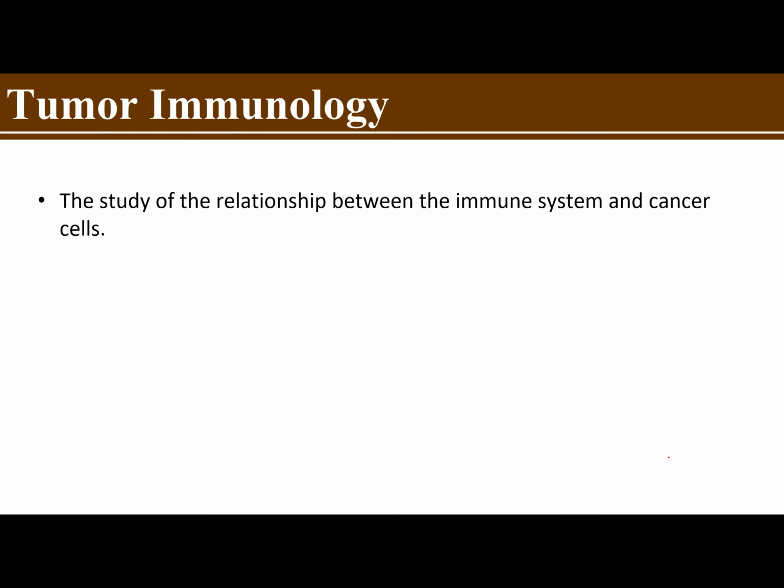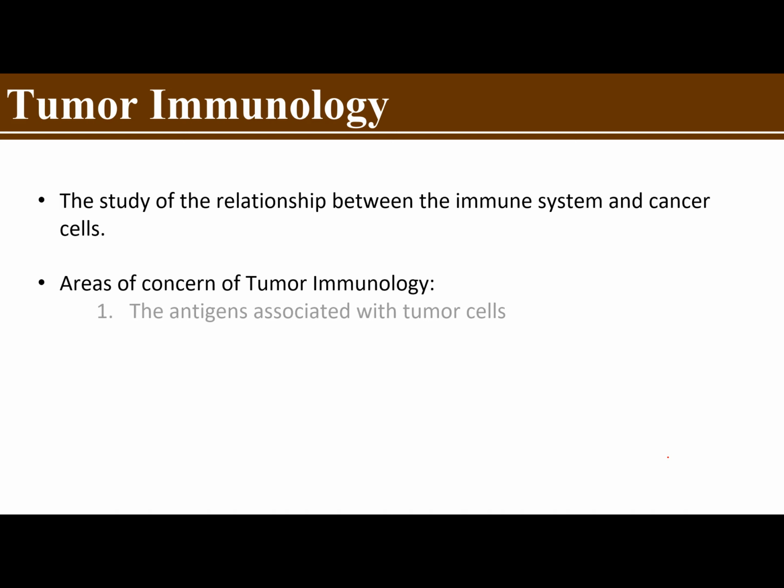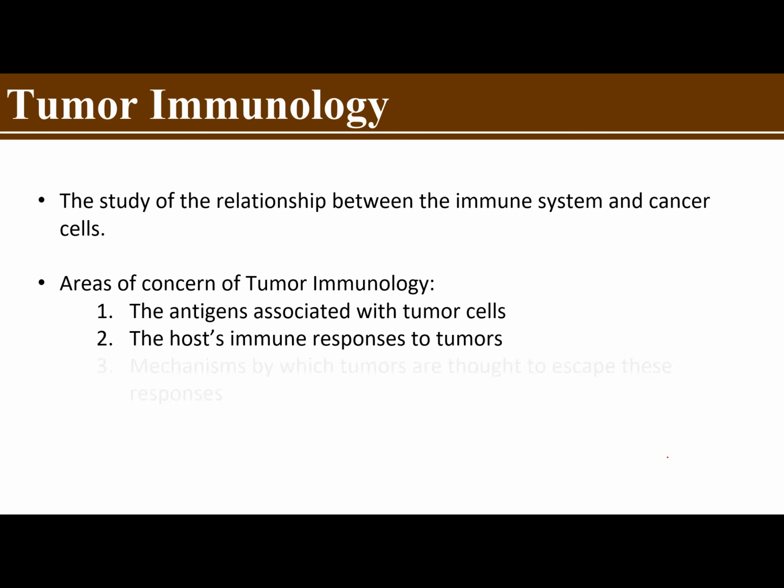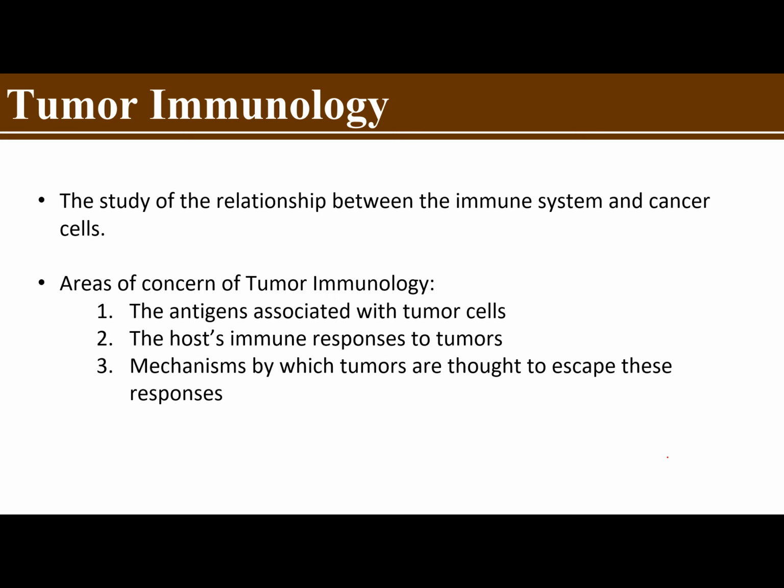Now, tumor immunology would basically cover the study of the relationship between the immune system and the different cancer cells. Areas of concern of tumor immunology would include number one, the antigens associated with your tumor cell; the host's immune response to tumors; mechanisms by which tumors are thought to escape these responses.